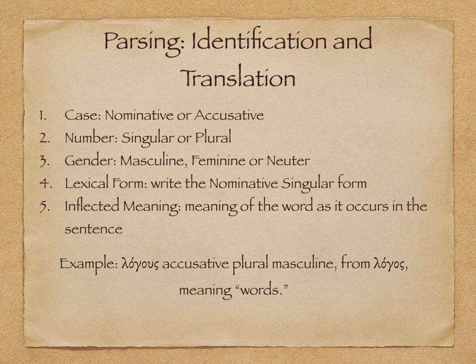And the meaning of logous is words. If you write accusative plural masculine from logos meaning words for logous, you have just translated a Greek word, you've parsed it, and you're now doing Greek.